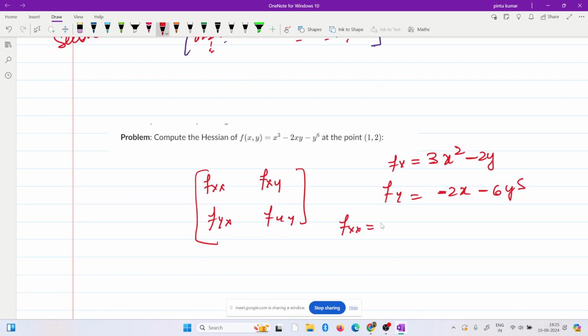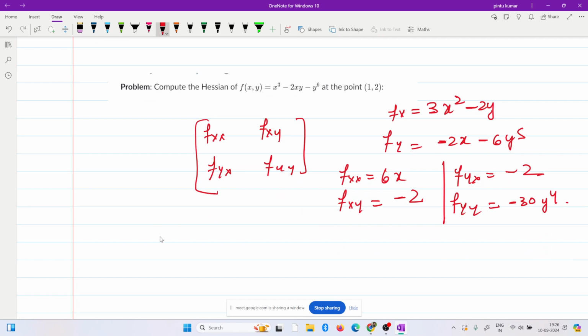What is f of xx? F of xx is 6x, and the second term goes to 0. F of xy is minus 2, and f of yx again is minus 2. For f of yy, this term goes to 0, so this is minus 30 y to the power 4. So what is the Hessian that I have?